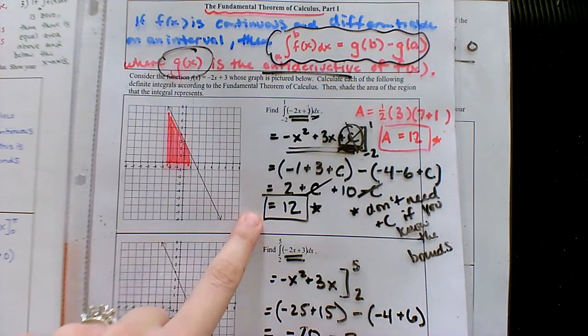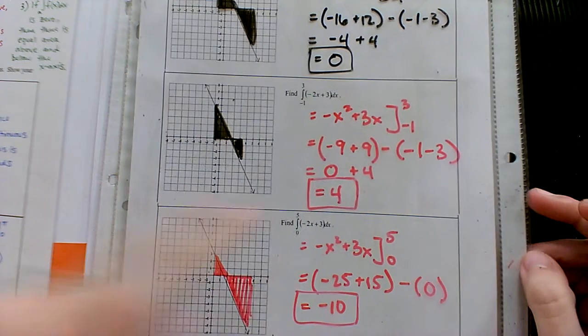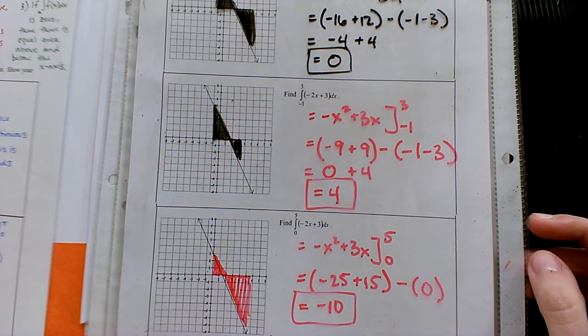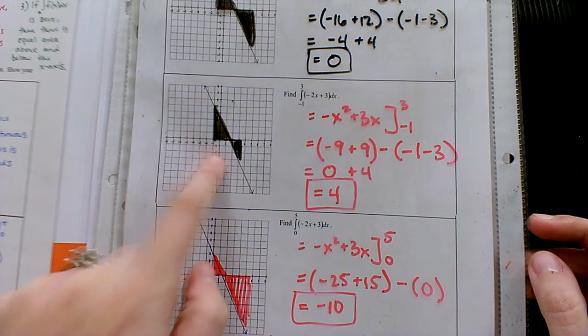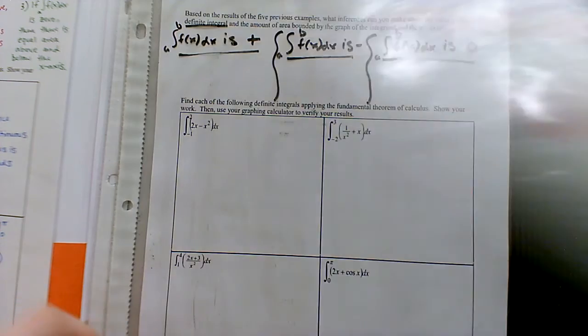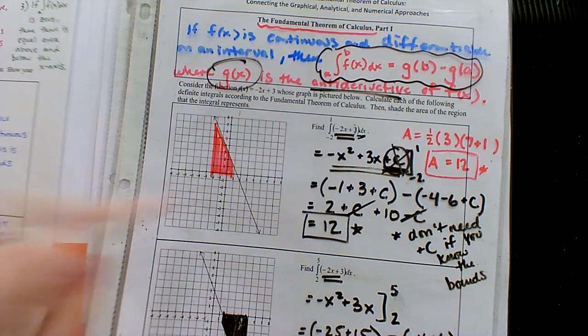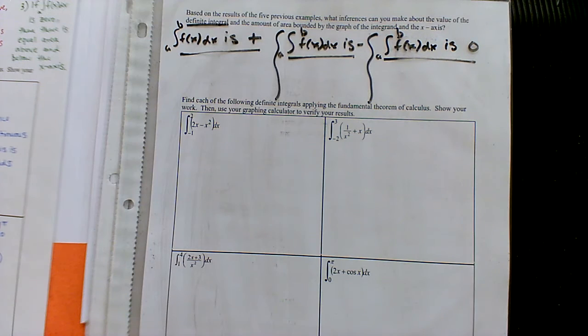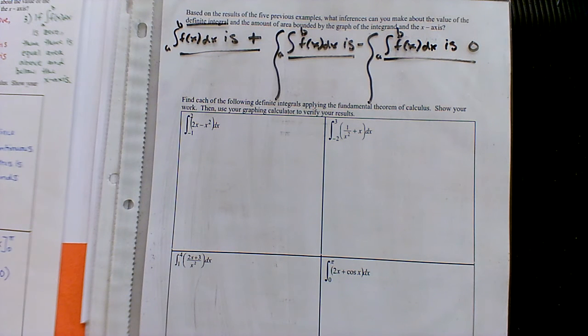If we look at the positive answers, that was the first one we did. We got 12. And then the last 3 on the back, we had 4. So what was special about the graphs of those? If you get a positive area answer, what's that telling you? More above than below.